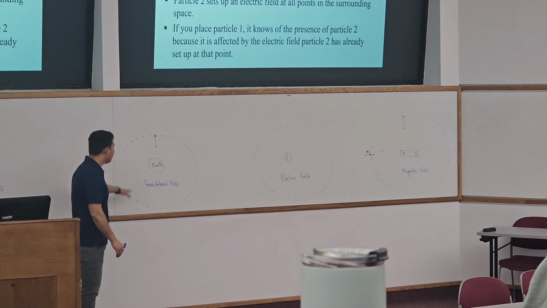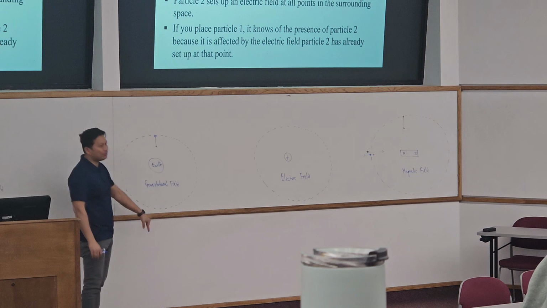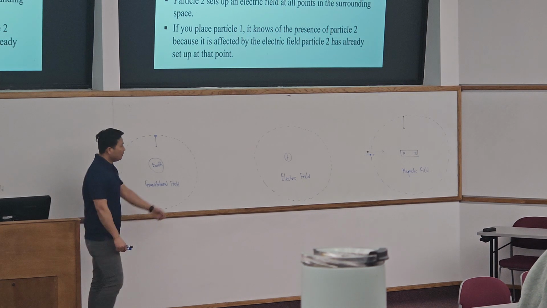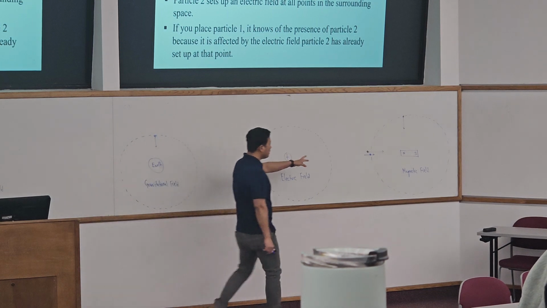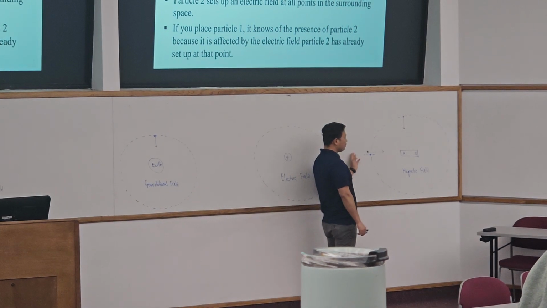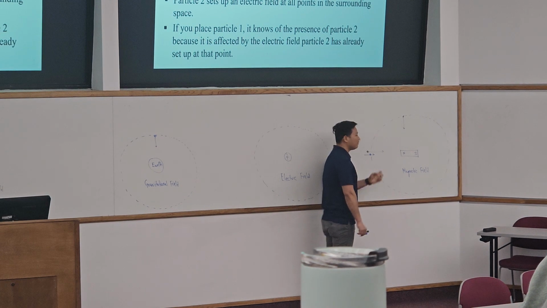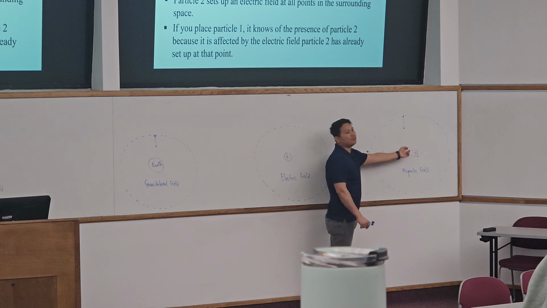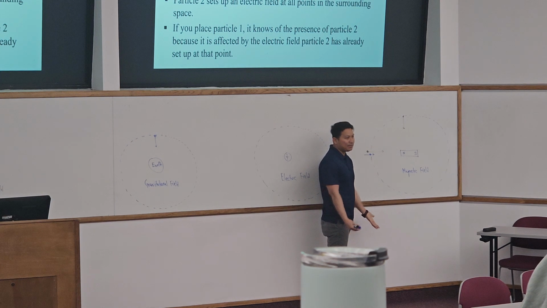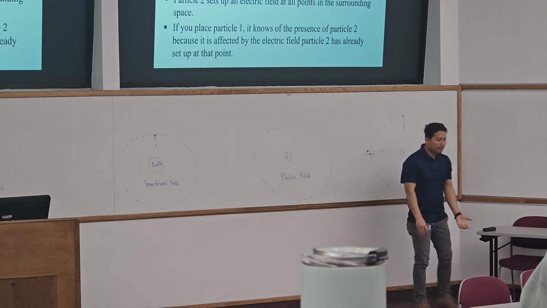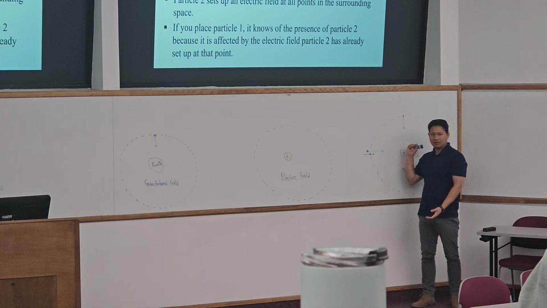If I have a gravitational field and some object, it falls toward the earth, so I'm inside the gravitational field. If I have a magnetic object within this boundary, it will be forced toward the magnet, because if you have a magnet and some ferromagnetic object like an iron piece, it goes there.